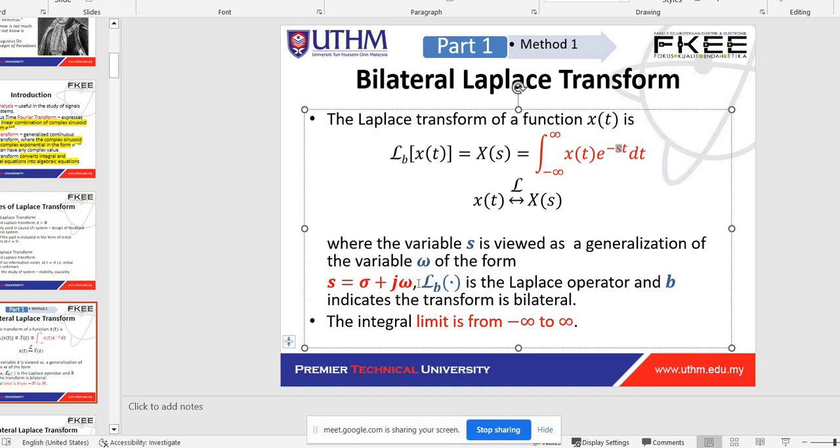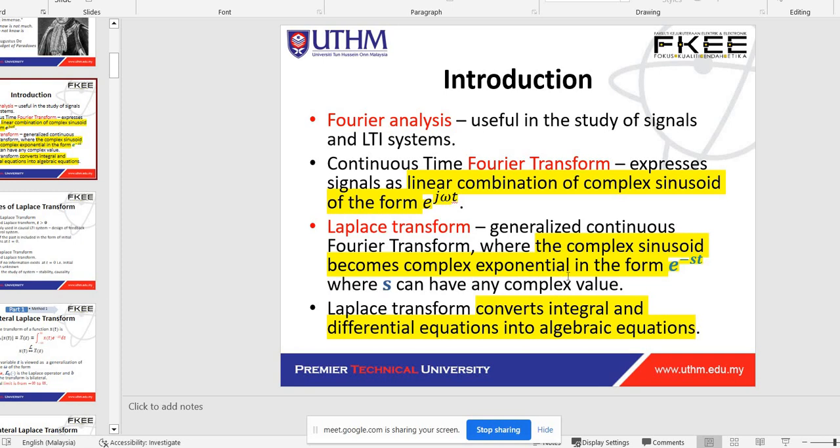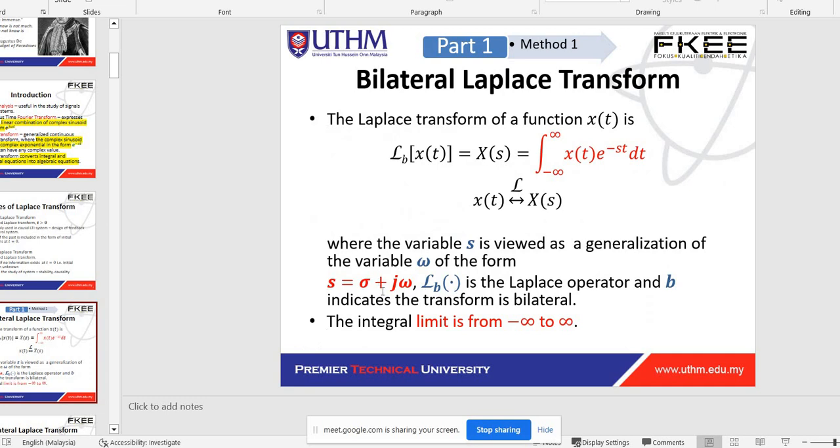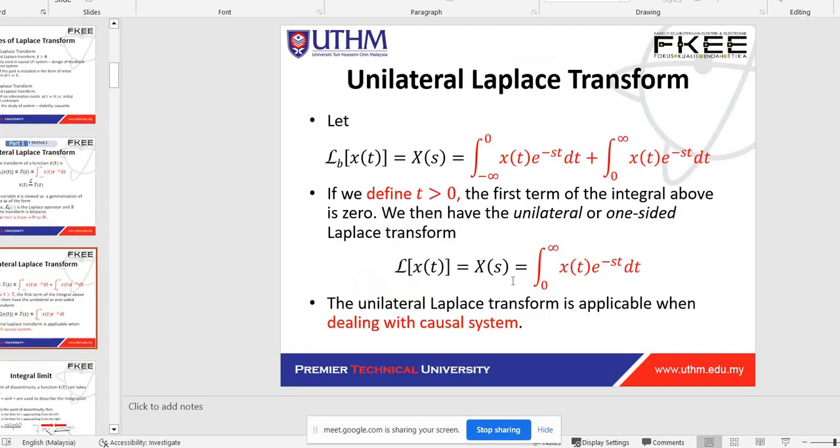This is the complex number that you were talking about, the complex exponential, which is explained here. So the integral limit is from negative infinity to infinity. For the unilateral Laplace transform, it is from negative infinity to 0 plus 0 to infinity.